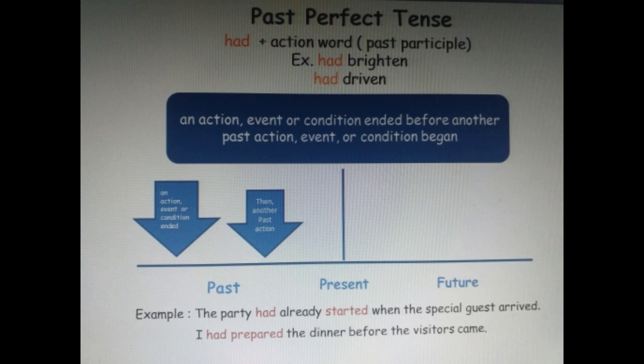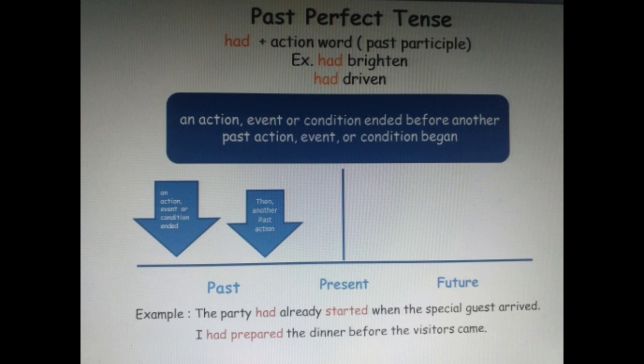So let us look at the examples below. You can see here in the figure that there are two actions which took place in the past. For example, the party had already started when the special guest arrived. So the party which had already started is the action before another past action, which is when the special guest arrived.